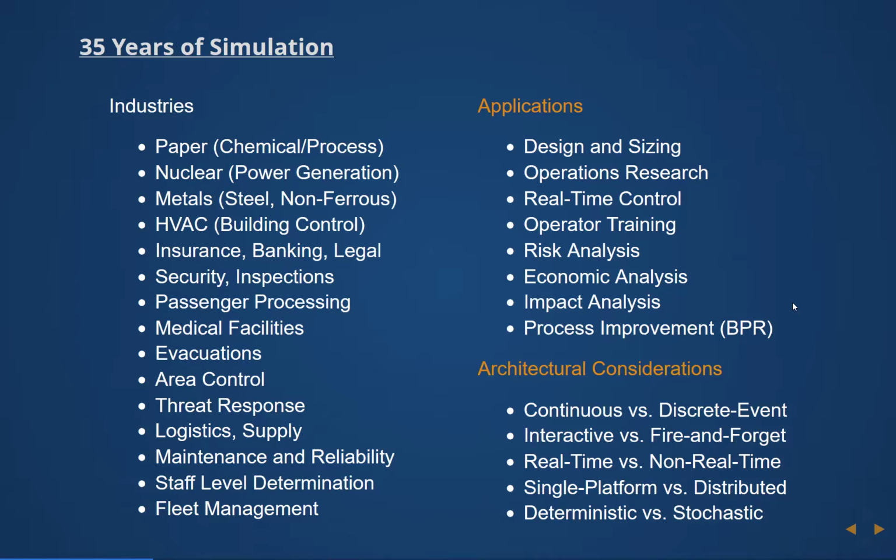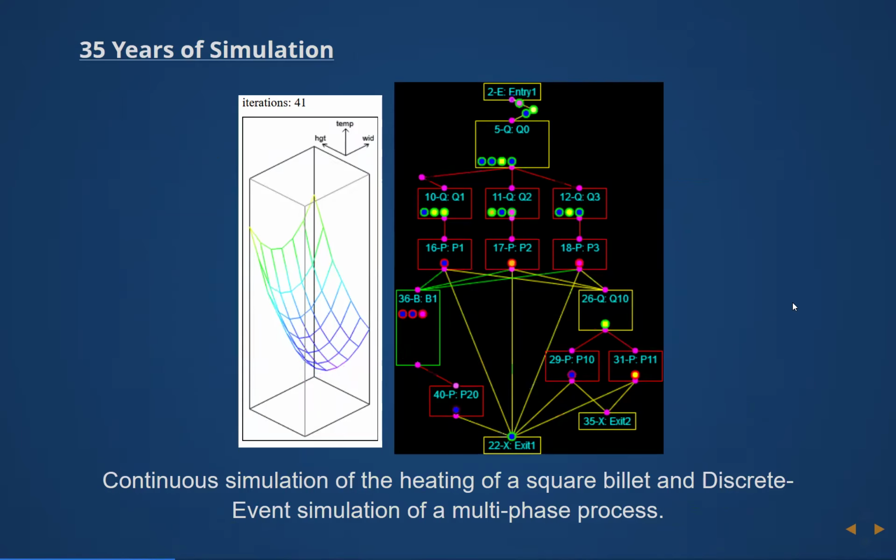I worked in a lot of different industries, doing applications that accomplished a lot of different things. There are a lot of architectural considerations you have to be aware of in simulation, so I worked on a bunch of them. On the left is an example of a continuous simulation, and on the right is an example of a discrete event Monte Carlo simulation.